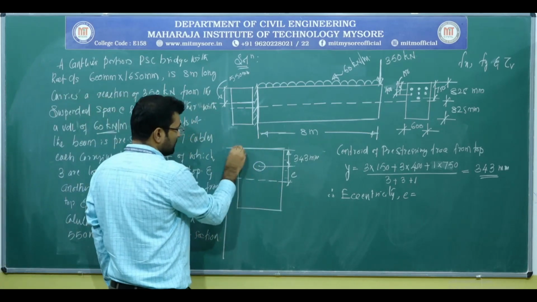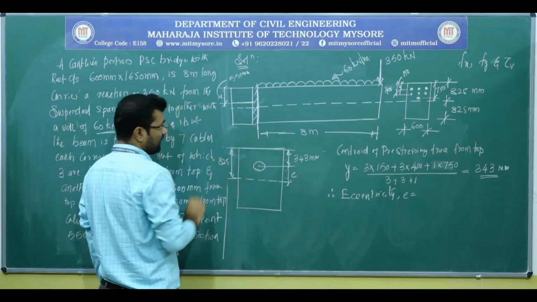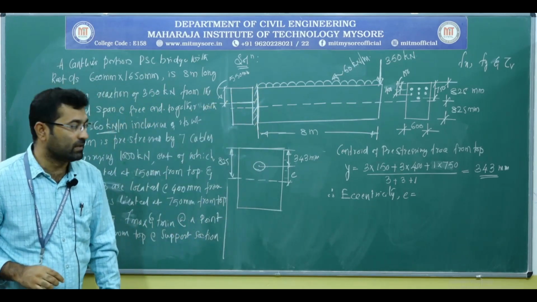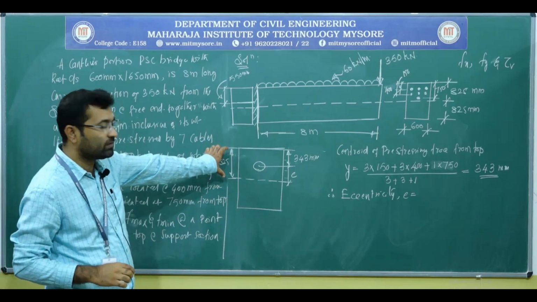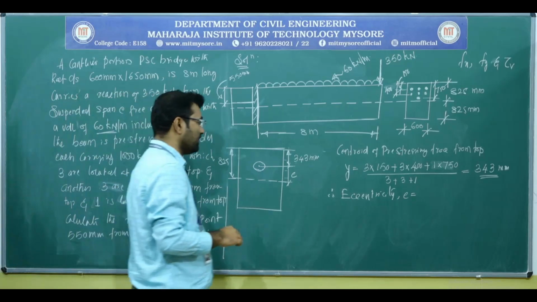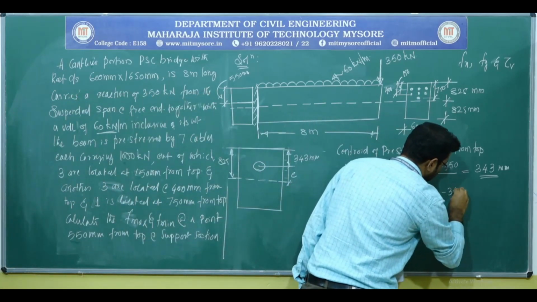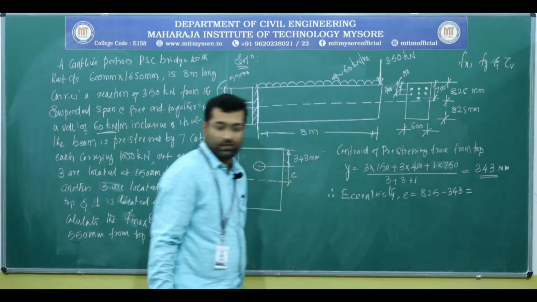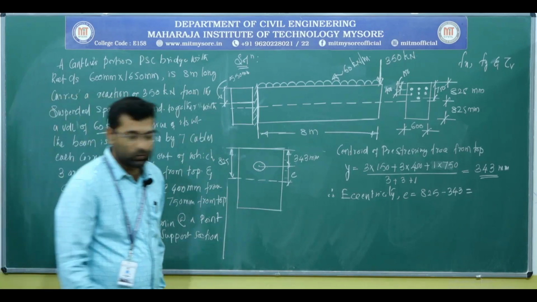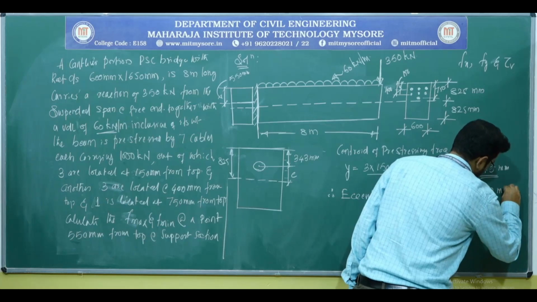From the dimensions, I know that this distance is 825 millimeter, because the total depth of the beam is 1650 millimeter. So half of that, the neutral axis, will lie exactly at the center, that is at a distance of 825 millimeter. So 825 minus 343 gives us the value as 482 millimeter.